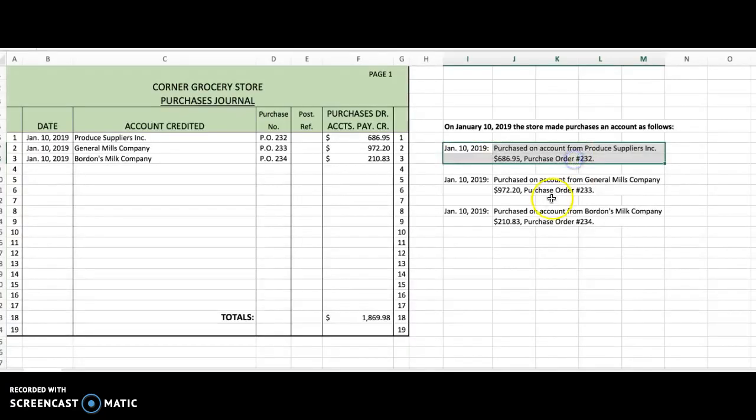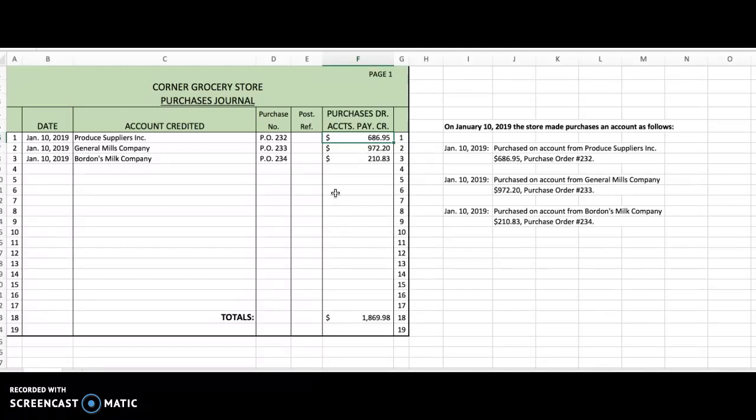So let's now look at some transactions. Over on the right, we have a transaction, January 10, purchased on account from Produce Suppliers Incorporated, $686.95, purchase order 232. And it's already journalized for you, the date, the name of the creditor, the source document, and the amount of money. Now, one point with all these amounts of money, what you don't see in this journal that you did see in the sales journal was a column labeled sales tax.